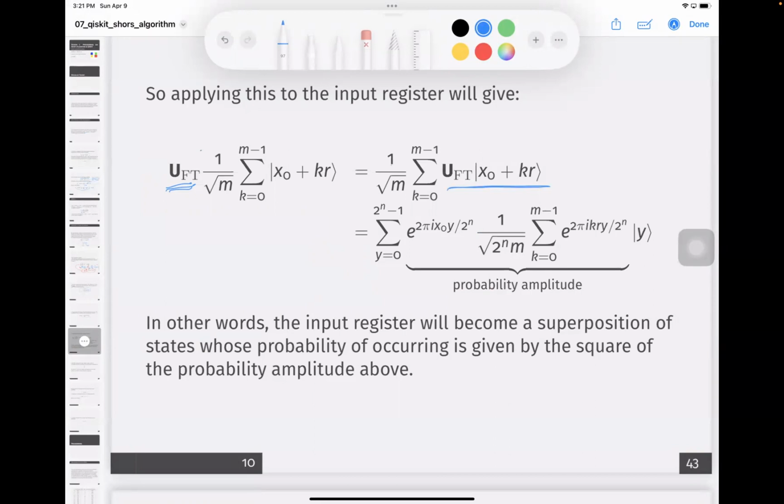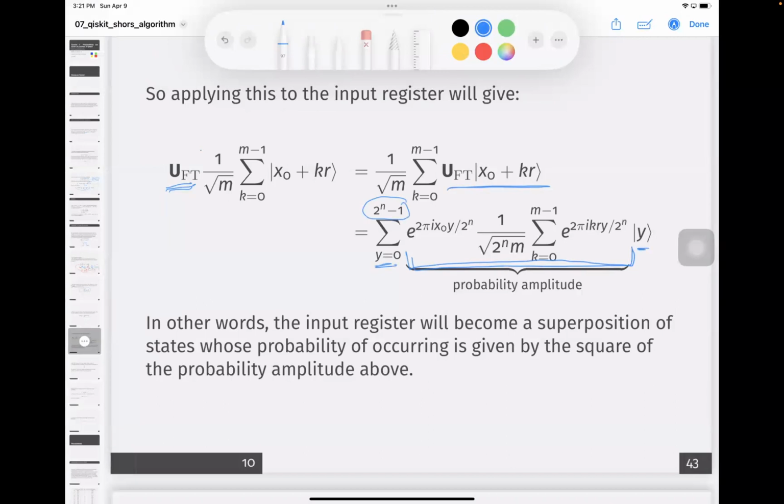You can actually factor out this thing here. So this becomes the probability amplitude, and this one is the summation of y equals 0 to 2 to the n minus 1, and this is your vector y. And this is the probability amplitude.